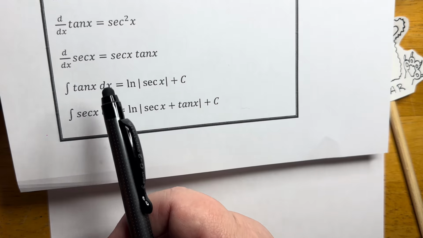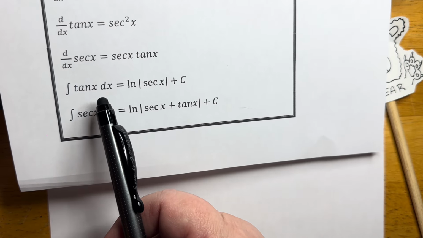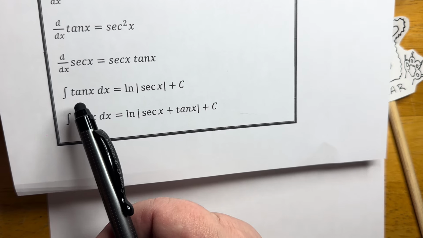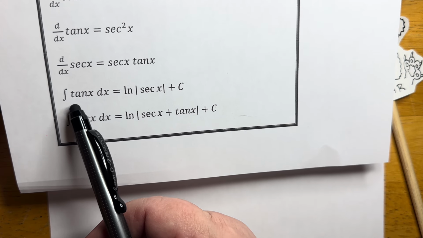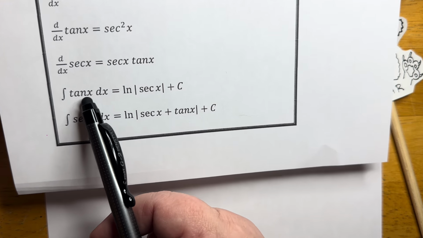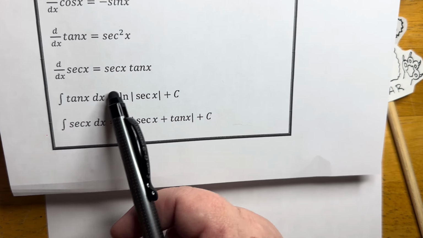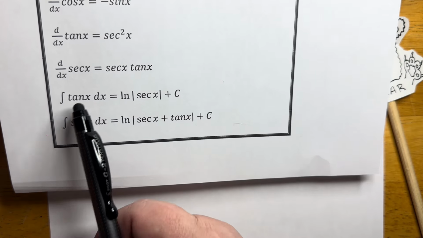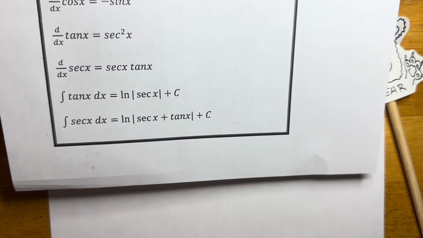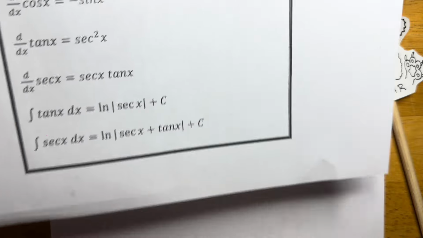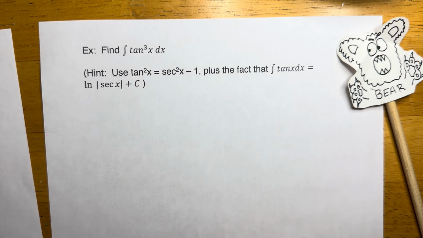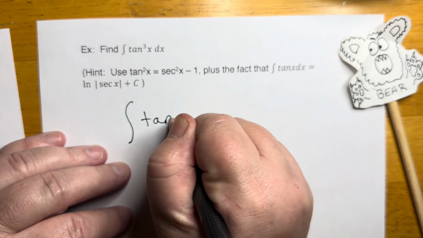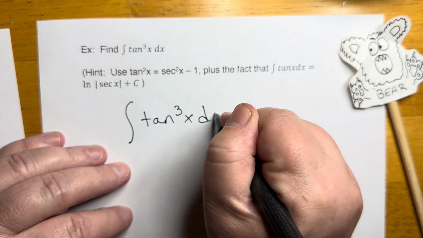Now, if you feel more comfortable with cosine and sine, you can work this through. If you do a u substitution with sine and cosine, you could show yourself that this is true. But I'm just going to go ahead and use it as a fact. So those are our 2 facts we're going to use. So if someone says use these facts, then we use them.